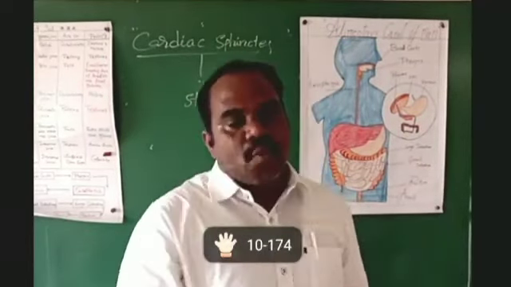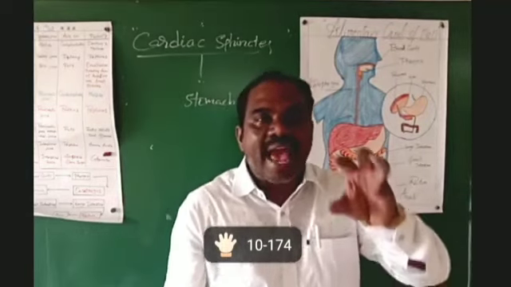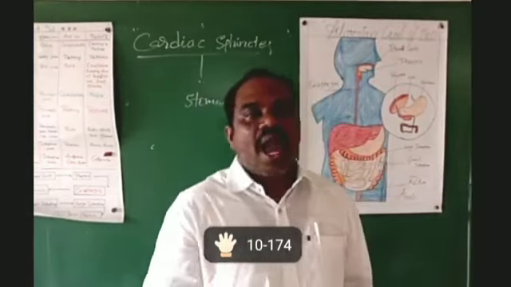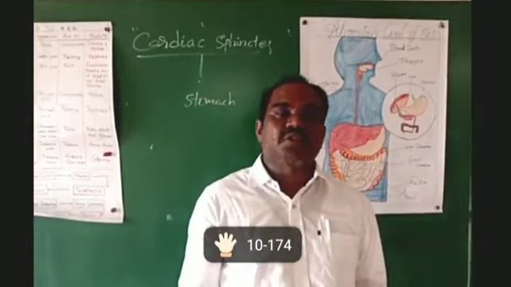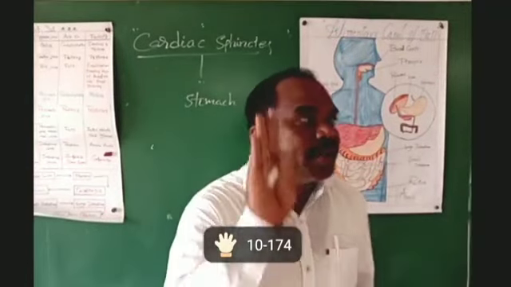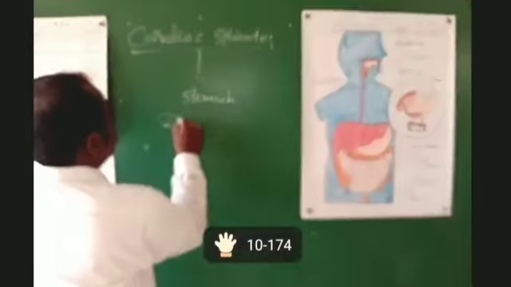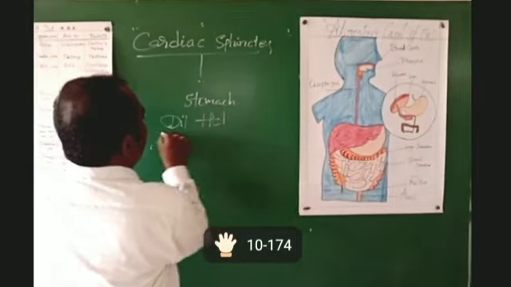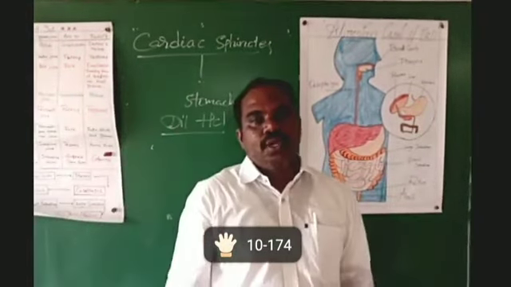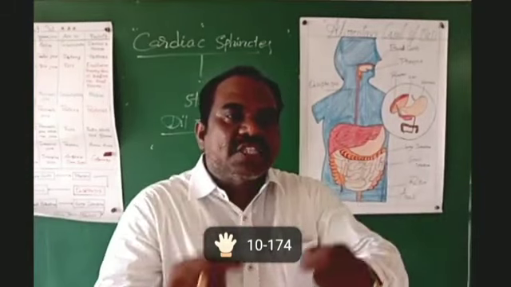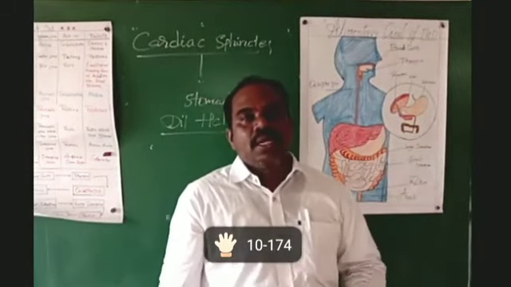In the walls of the stomach, gastric juice and hydrochloric acid are also produced. Diluted hydrochloric acid is produced from the stomach.